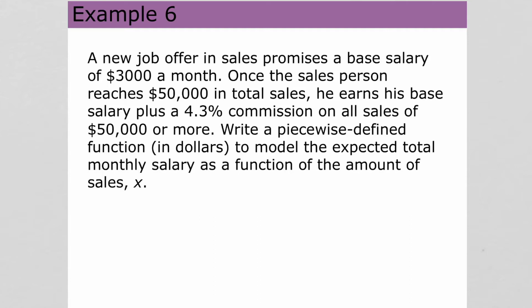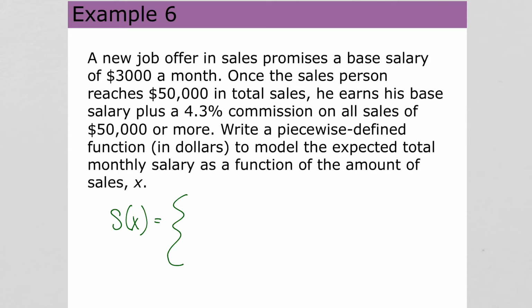Okay, and this is where the monthly salary is a function of the amount of sales, x. So sales is your x value. So we'll say S of x equals. Okay, so what's going on here?